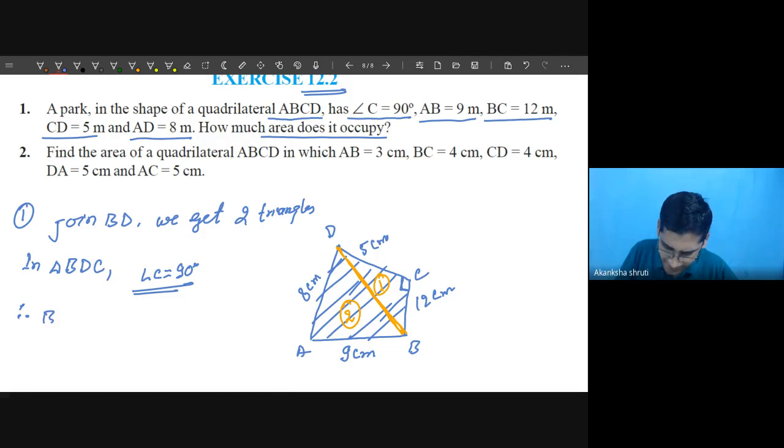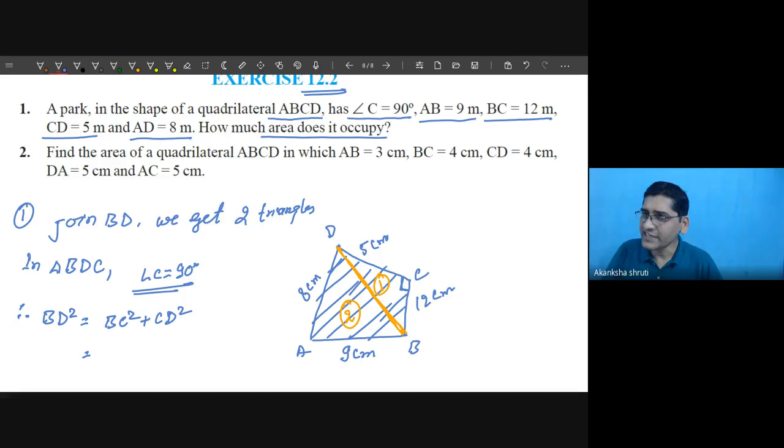BD square is equal to BC square plus CD square, where BD acts as hypotenuse.